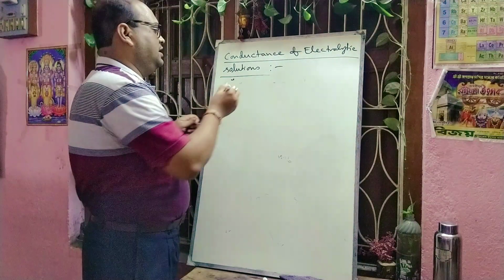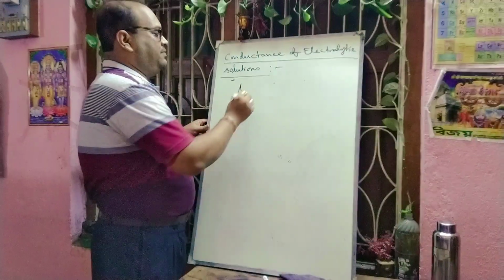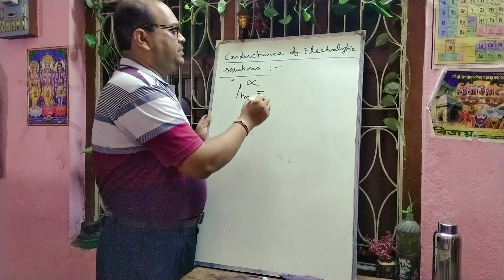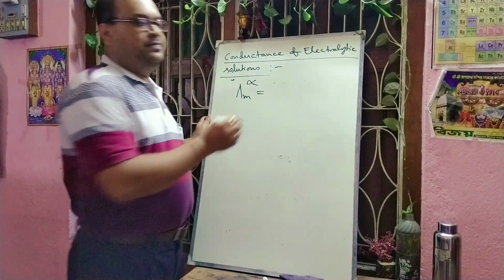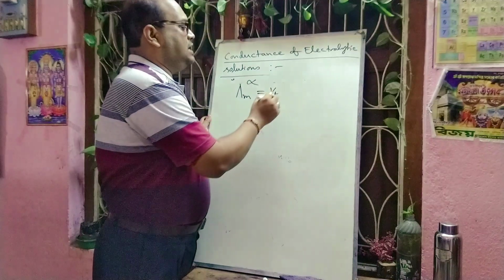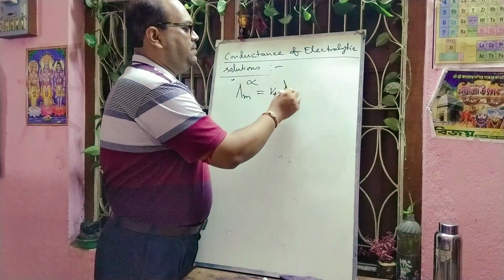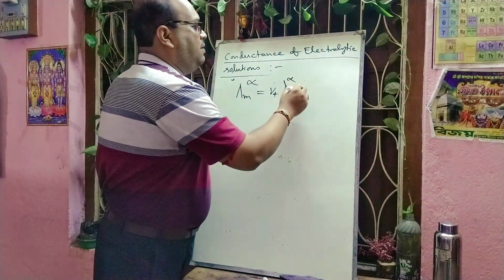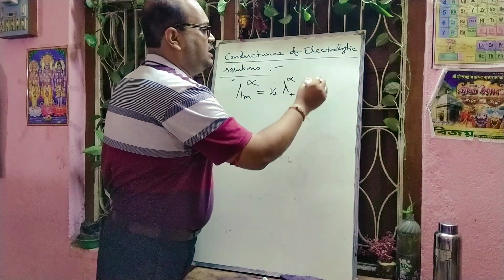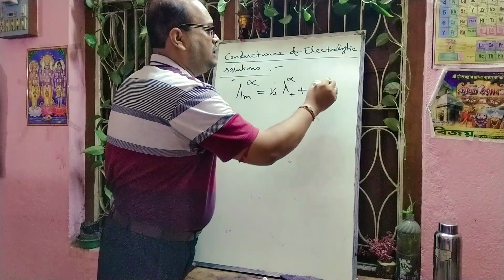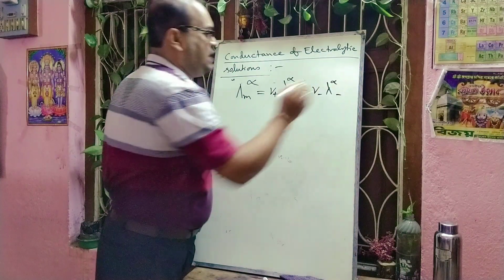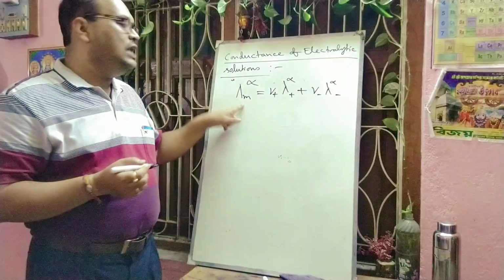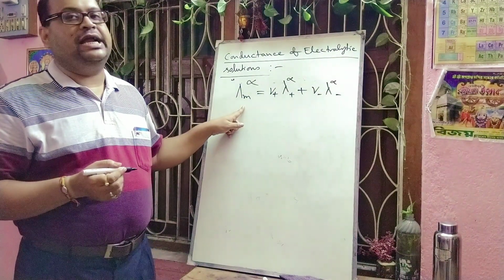Λm∞ will be equal to ν+ λ+∞, that is for cation, plus ν− λ−∞, this is for anion. So what is Λm∞? This is the molar conductivity at infinite dilution.